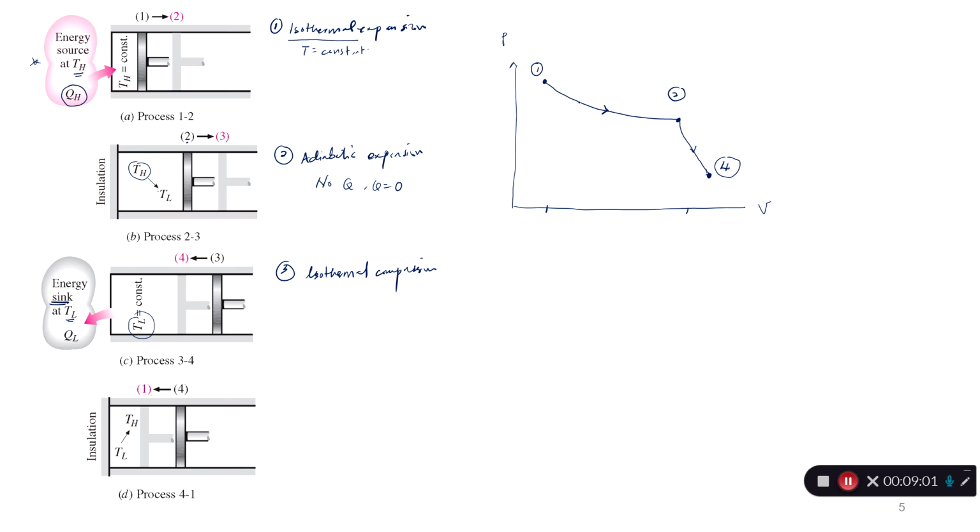Okay, so this is one isotherm line. So we have another one. Okay, so it will go this way to point 3. I'm sorry, oops, I got the numbers all mixed up. This is 3 and this is 4.